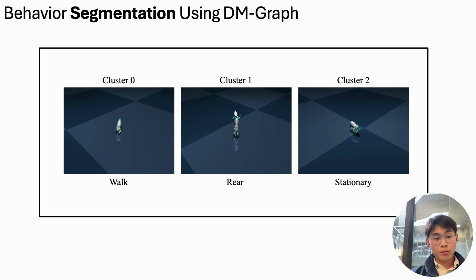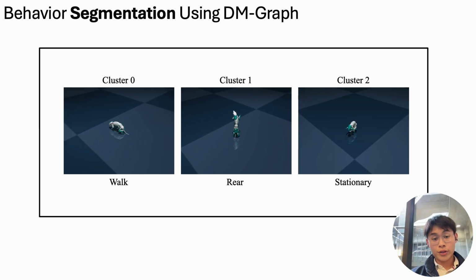And this is when clustering with three components, we can clearly see that there's a walking collection, a rearing collection, and then a stationary collection.